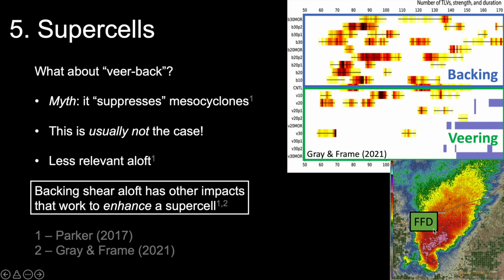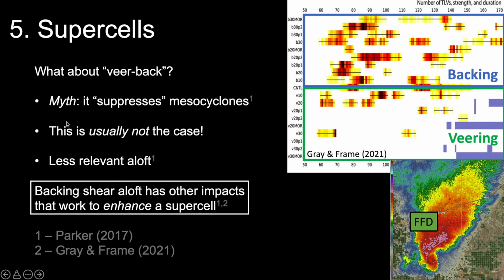There's thoughts that it might help redistribute the downdrafts of these storms in a way that allows them to better sustain themselves without raining into their own updraft and stopping the tornado process. So when all is said and done, the net impact of this backing aloft overwhelmingly is not going to suppress the mesocyclone in any meaningful fashion.